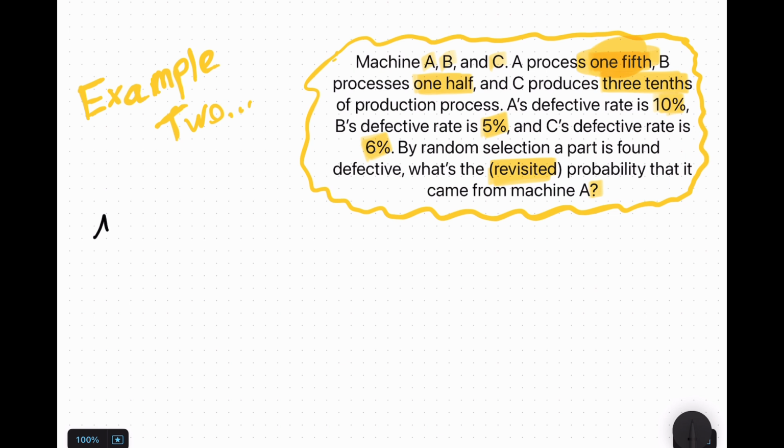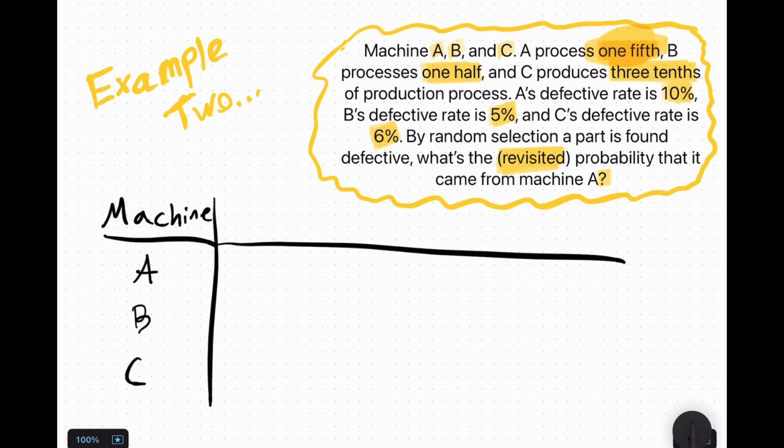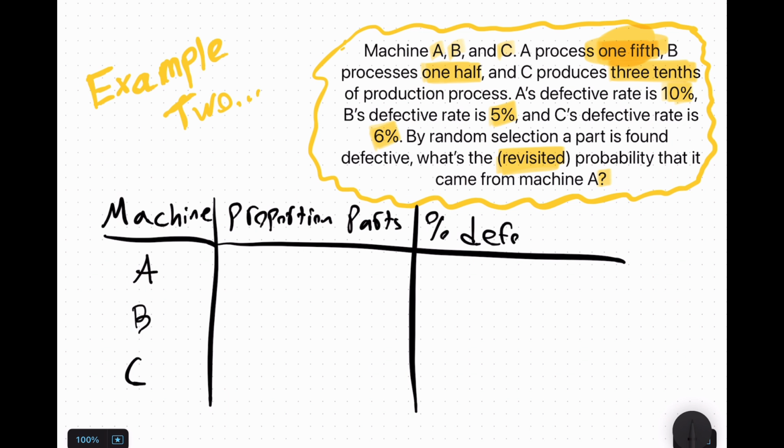So we have machines A, B, and C. We should think about our proportion of parts and our percentage of defectives.